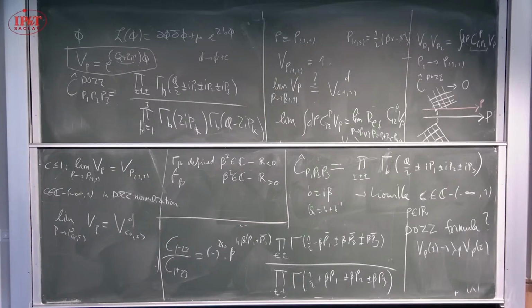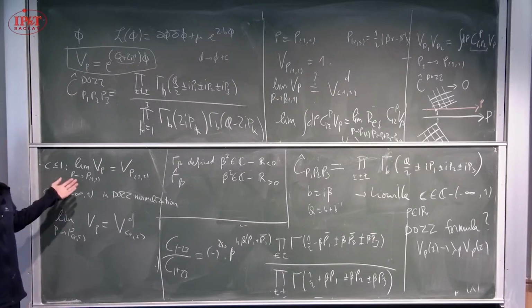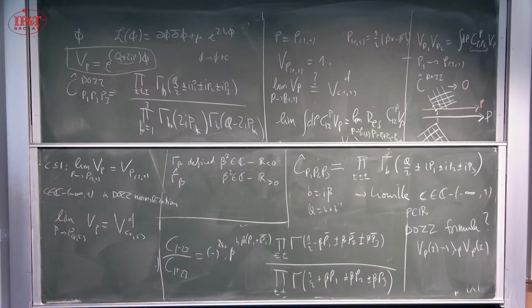In terms of fields, the battery why is V_P on one? But for c less than 1, you don't have a path integral. Well, people are working on it, but it's not easy.